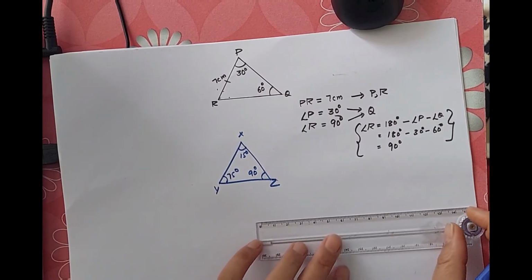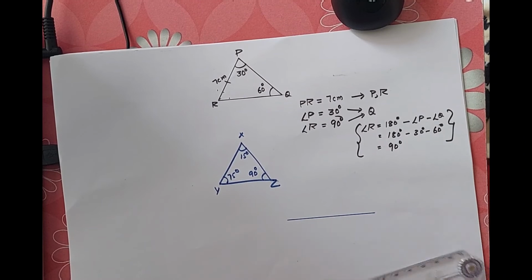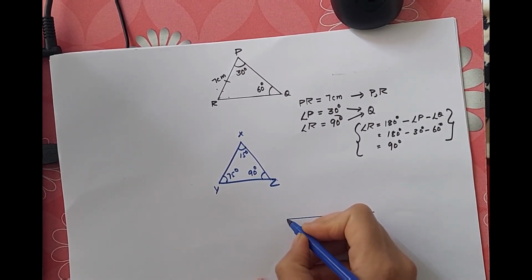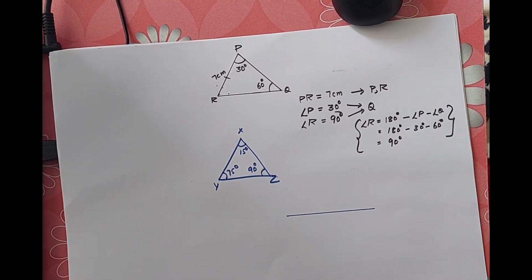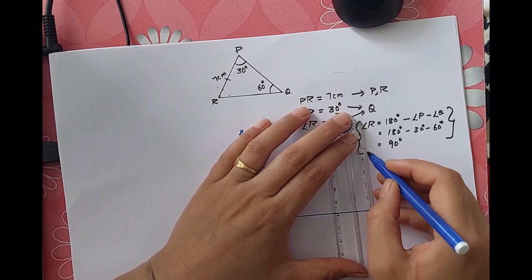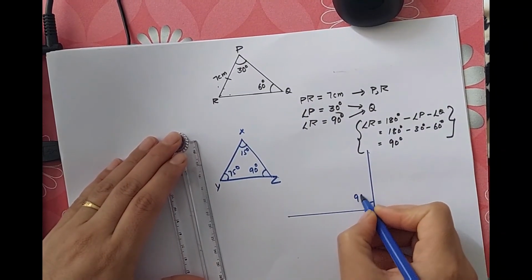What do you have to do? Basically, just draw any line segment, any arbitrary one. It can be small, can be big, any. Just draw 75 here and 90 here. I'm not using any protractor or anything, because I'm just elaborating the way. So this is our 90 degree.